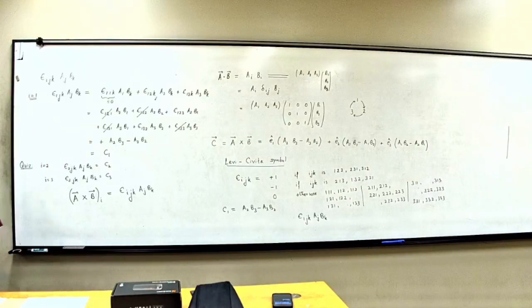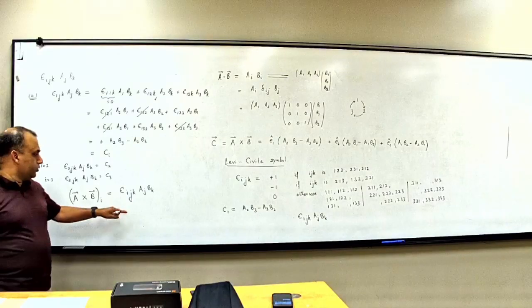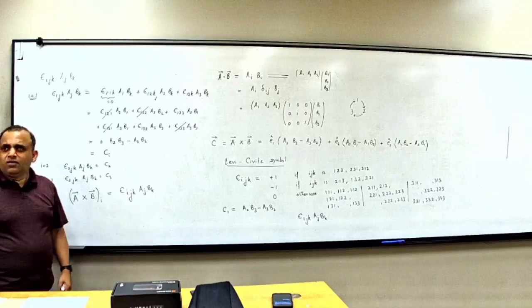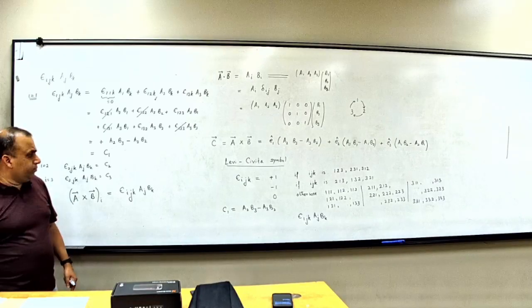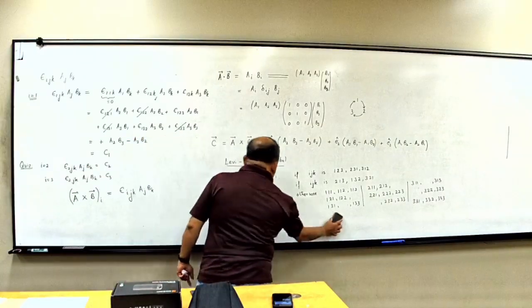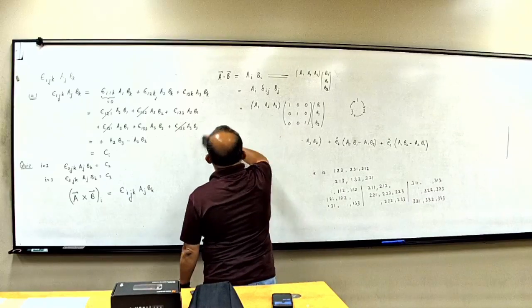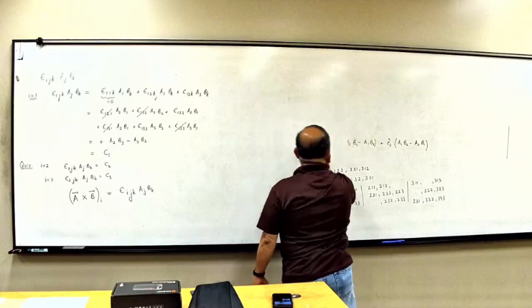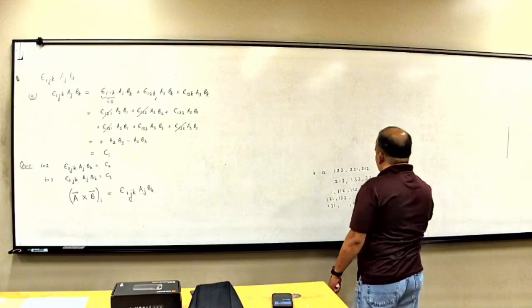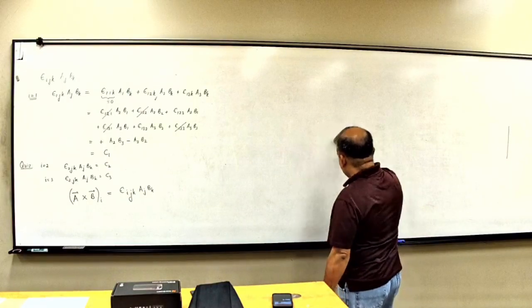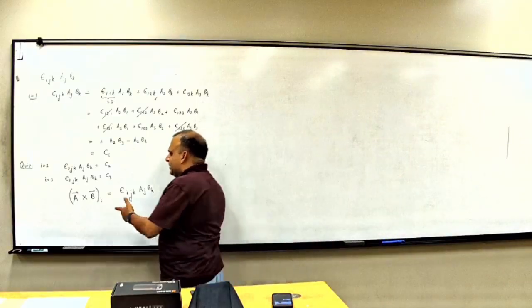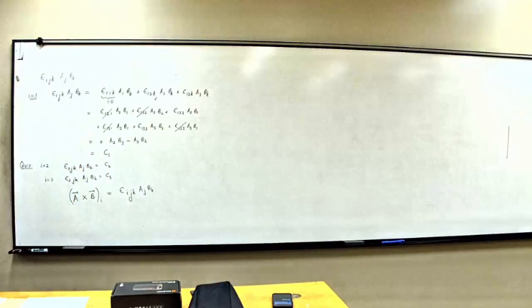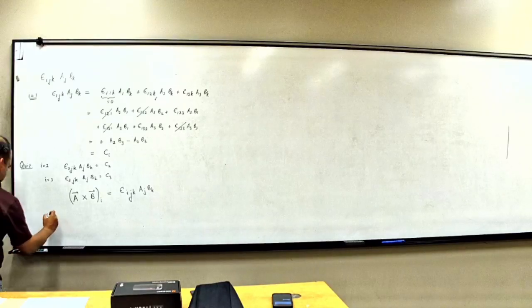So now how do we use this in different problems? That's what we want to do. Is that clear? Once we have the Levi-Civita symbol, because of its symmetry properties, there are two symbols I have introduced, right?